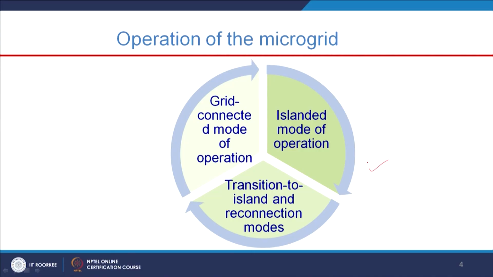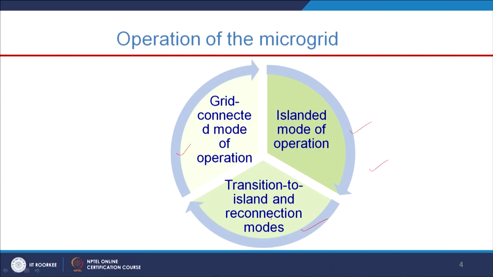If you see this particular PPT here, the microgrid may be in grid connected mode of operation, where the microgrid is connected to the grid system or main supply, or main substation, as we can also call it. It also has an islanded mode of operation. Islanded mode means that when the main grid is disconnected due to a certain fault on the main grid side, the microgrid system will operate in islanded mode.